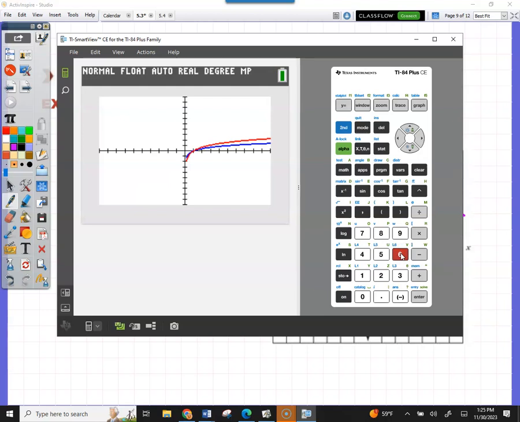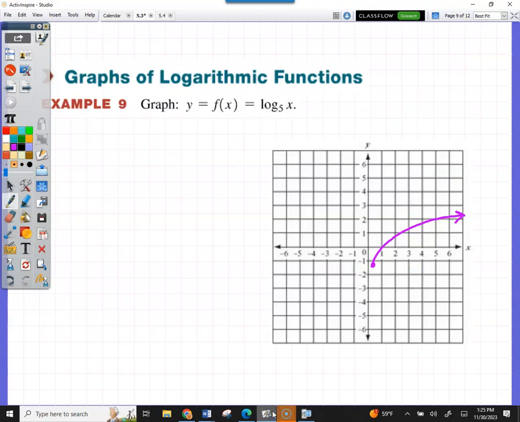Very similar. Looks like it starts a little further down and kind of shoots higher. If you want it to be accurate, just go to your table and you can get a few points.